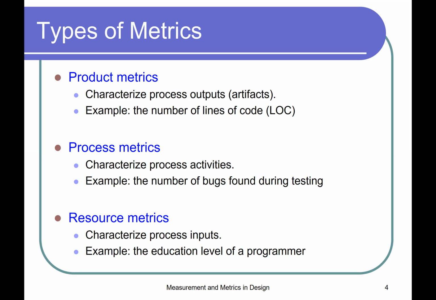The process itself could involve things with respect to testing, design, requirements. So the process could be things like how much time did I spend on requirements, how much time did I spend on design, how many people did I use, how many bug reports do I have, how many of them are severe, how many of them are intermediate.